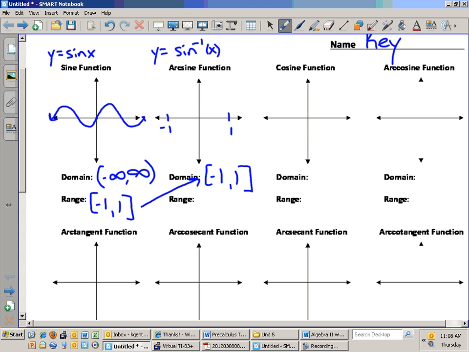You tell me, sine of what gives you +1? Sine of what gives you +1? 90 degrees or pi over 2? Pi over 2. Sine of what gives us -1? Negative pi over 2.